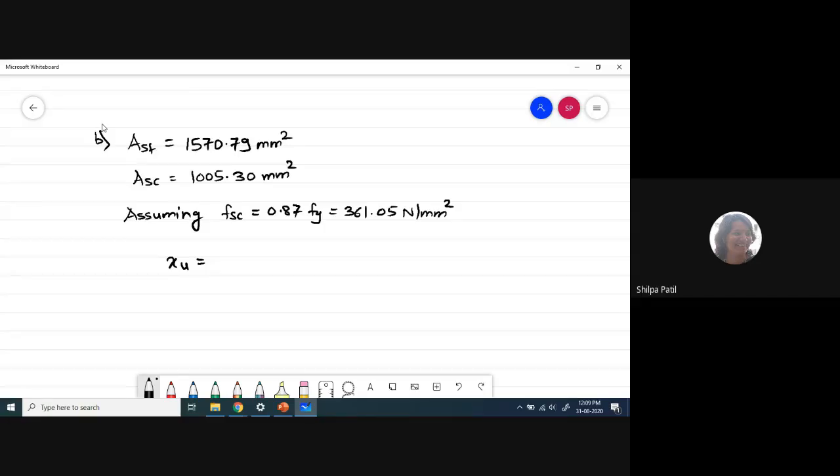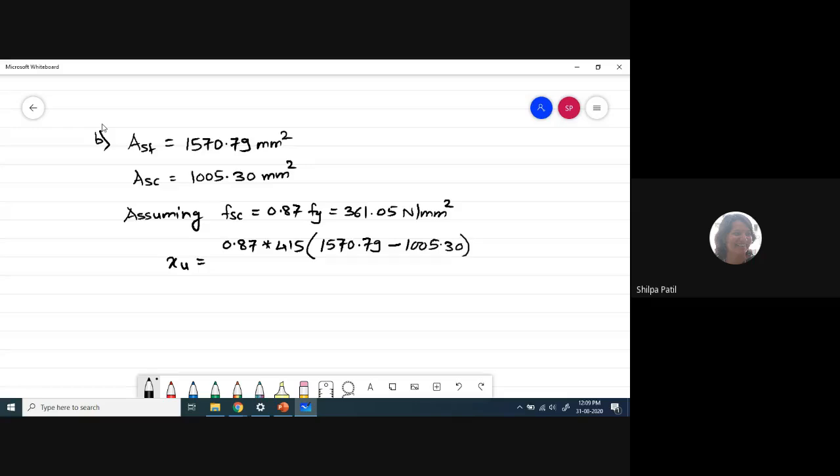So it is 0.87 FY into bracket AST, 1570.79 minus 1005.